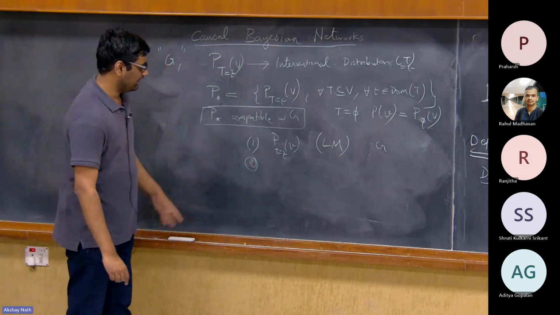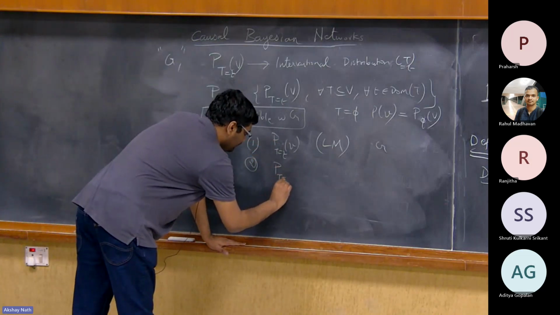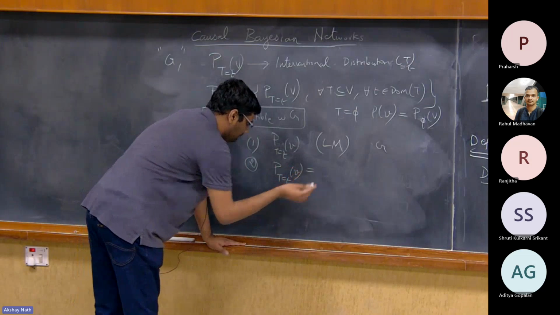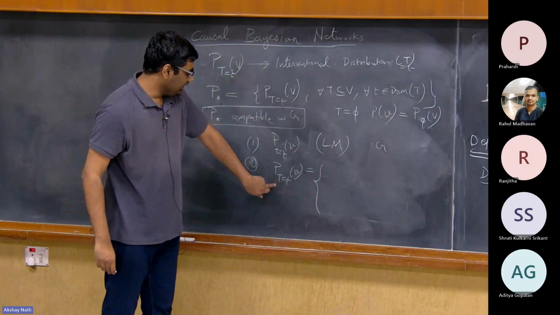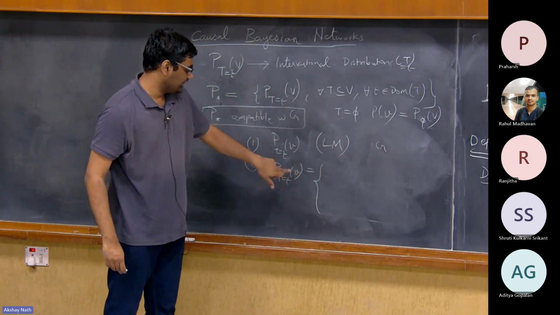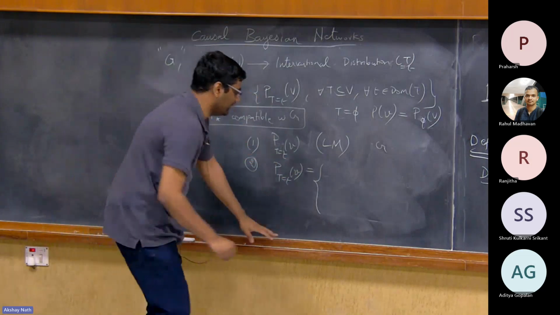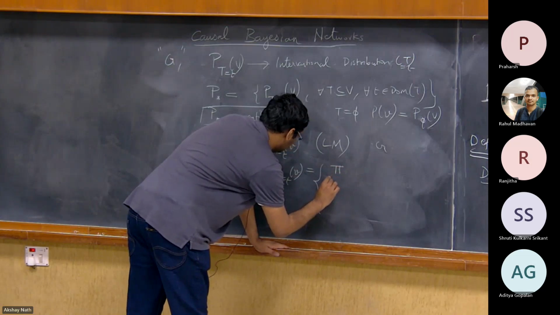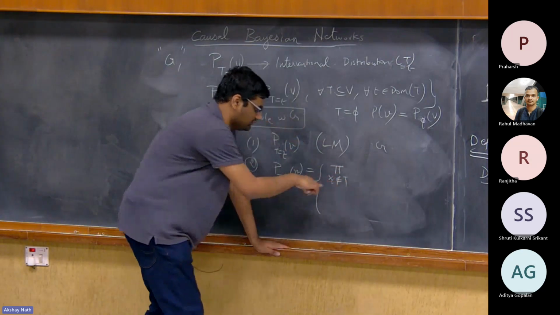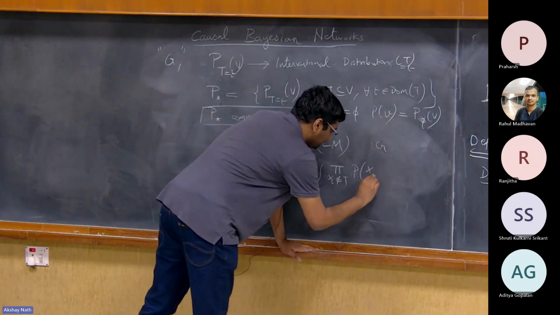Okay. What is the second criterion? I have to explicitly define what PT of B is. A bit of a complicated definition, so let me do it. When Xi does not belong to T, doesn't belong to the interventional set, those conditionals will remain the same.